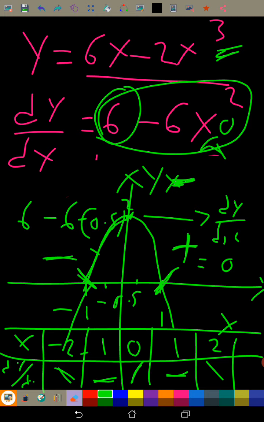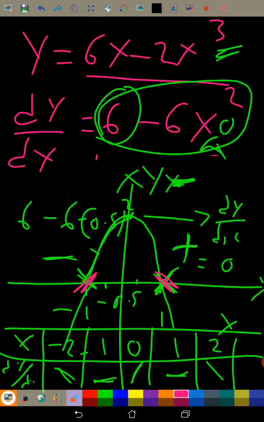So this is the table that we have here, and it means that we have two turning points. We have a turning point here and here. I will switch back to pink.